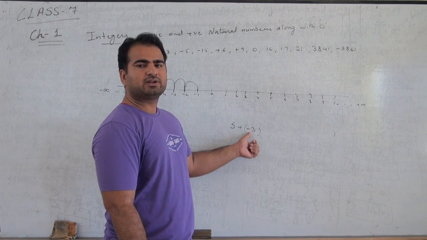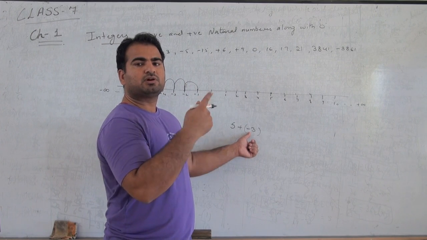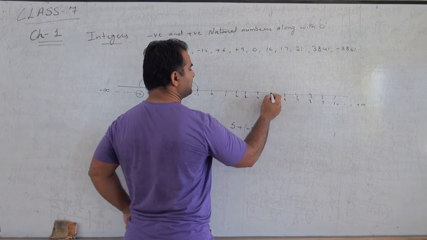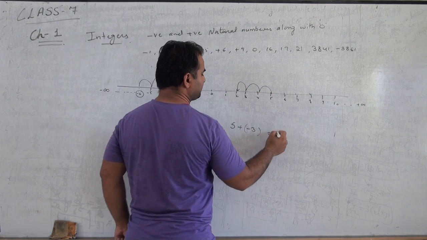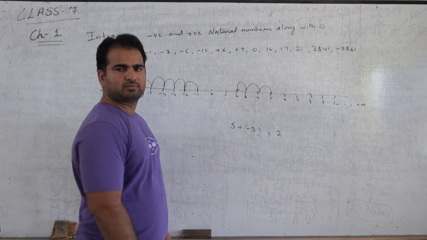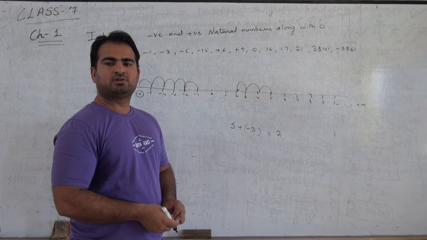So we have to move on the left hand side. How many times? 3 times. So 1, 2 and 3. The answer will be 2.